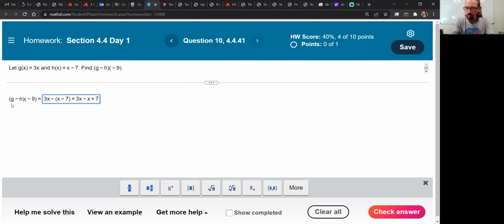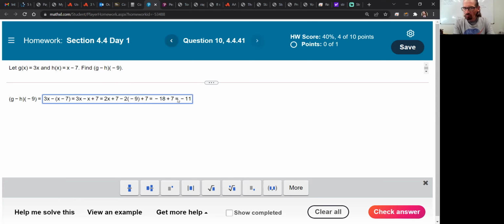This time we do have to combine like terms. And then we could put in what we had for x into the simplified formula for the difference of those two functions. 2 times -9 is -18. And -18 plus 7 is the -11 that I mentioned earlier.